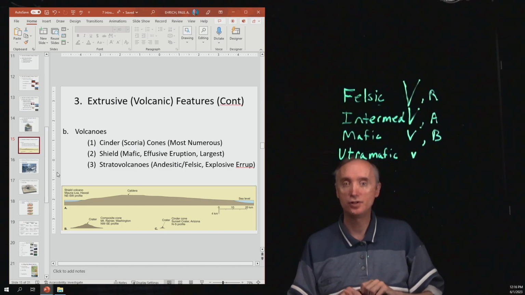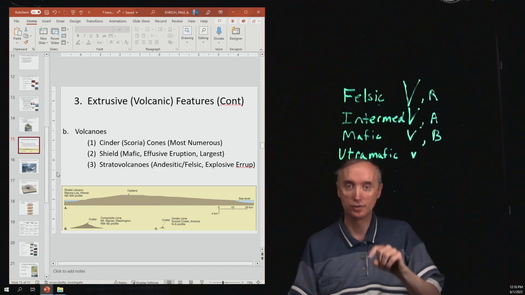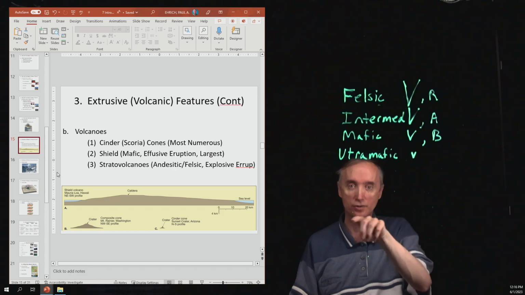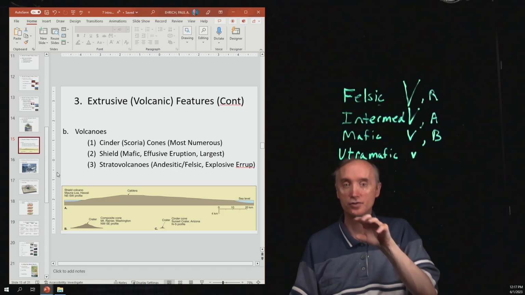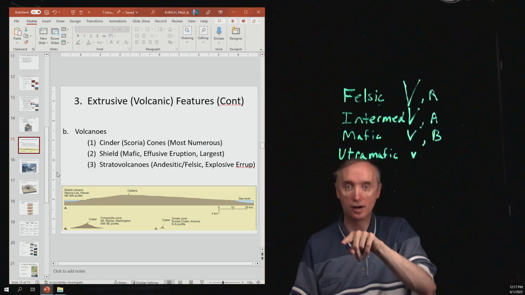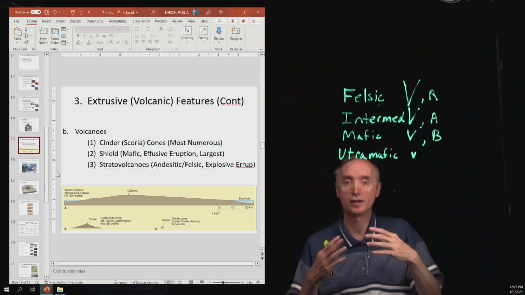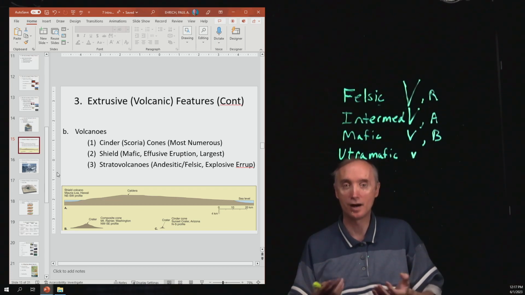Okay, then you've got shield volcanoes, which are going to be the largest. In this picture, it shows a comparison of the shield volcano, which is the one on the top. An example of this would be the Hawaiian Islands.